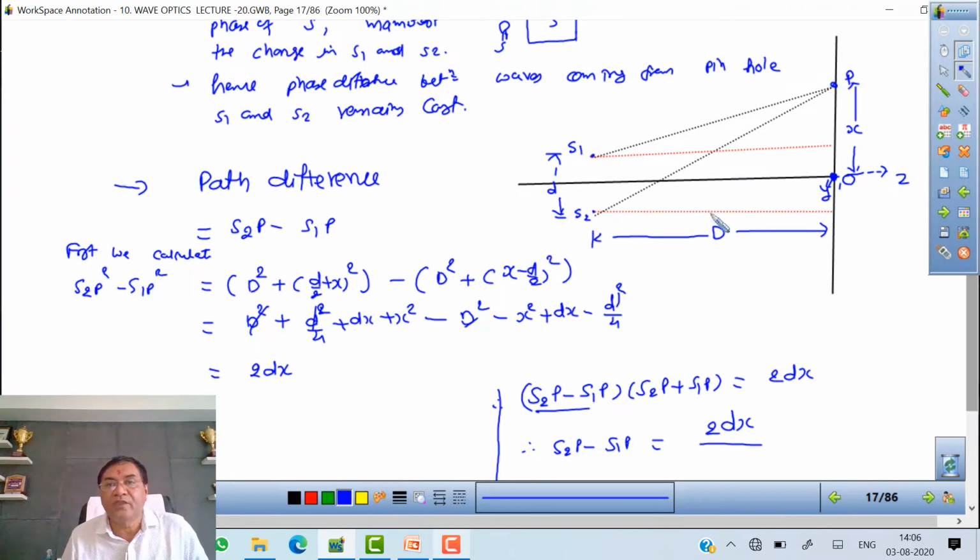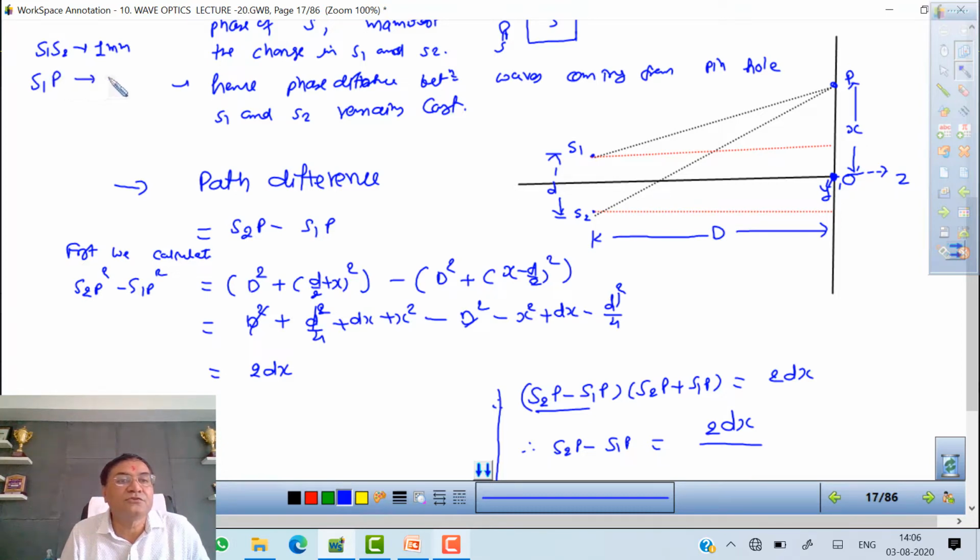Now we take an approximation: S1 and S2 are very close compared to D. S1S2 is of the order of 1 millimeter, and S1P is of the order of 1 meter.